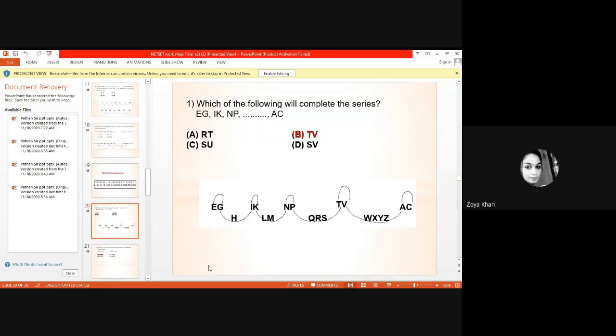Then from EG to IK, and then IK to NP, two alphabets are skipped. Then definitely in between NP and the next pair, there will be three alphabets skipped, and so on. That's why the correct answer is B, TV.